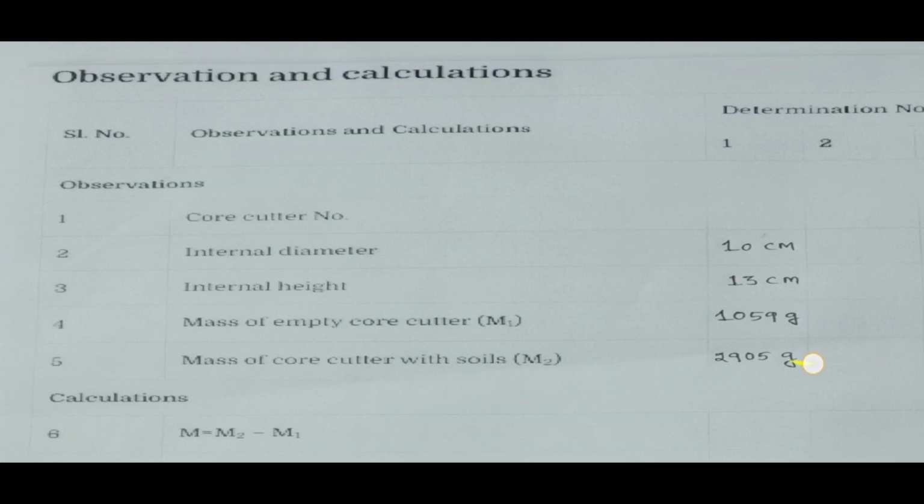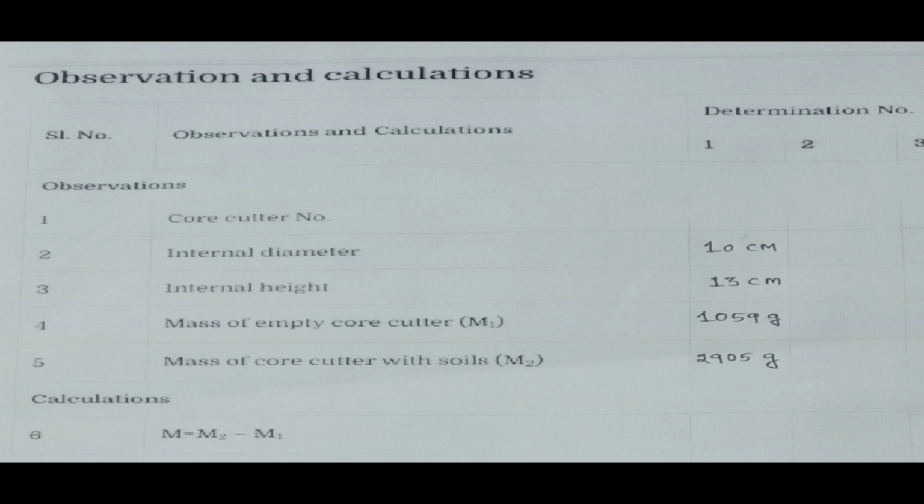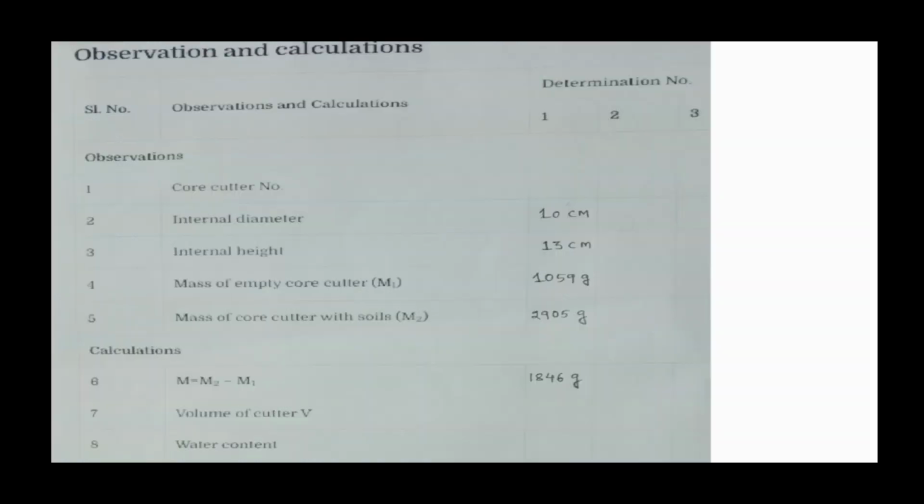In order to find the total mass of the undisturbed soil sample, we need to subtract the mass of the empty core cutter M1 from the mass of the core cutter with soil M2, which is equal to 1846 gram.